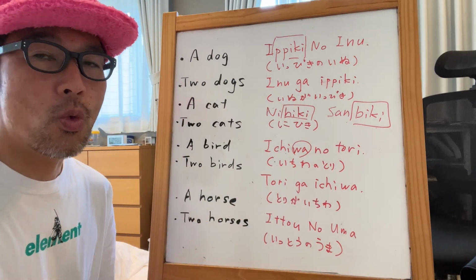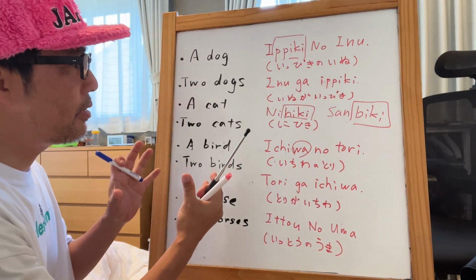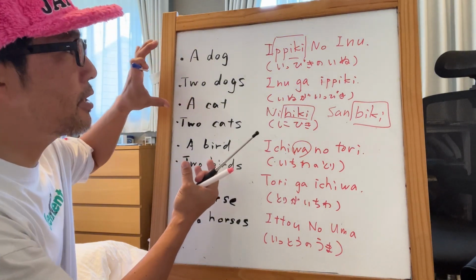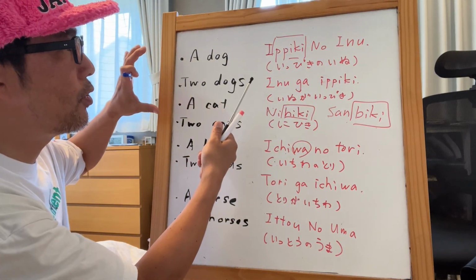It's just one way, 羽. But you have to remember there's a big difference between dogs and cats and birds. So you cannot say 一匹の鳥.